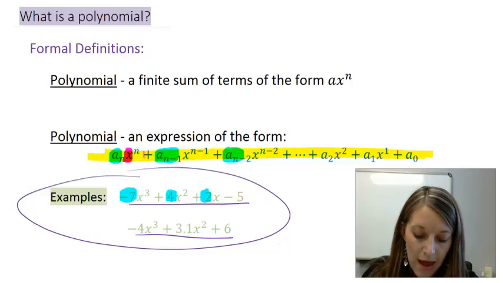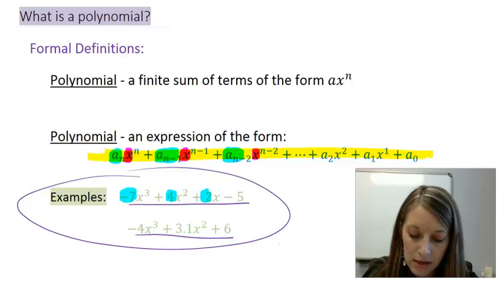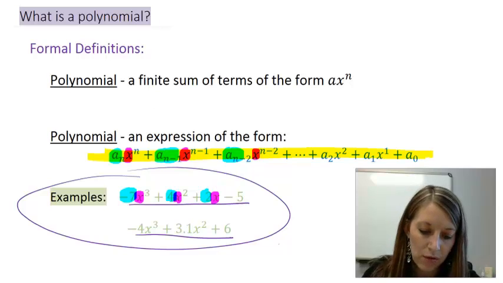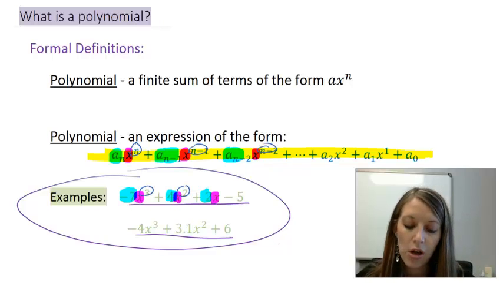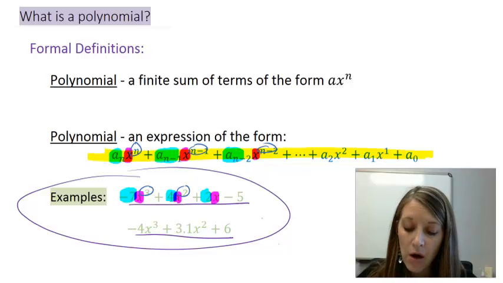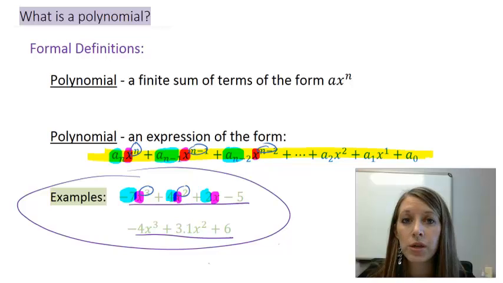Then we see that we have x's, and then we see that we have the powers involved. So even though the expression of the form with all of those a, x, and n's doesn't make a whole lot of sense at first, now hopefully when we see specific examples of it, you know what it's trying to explain in the first place.